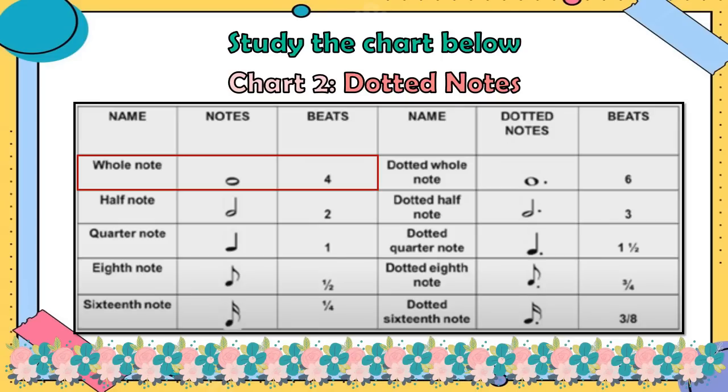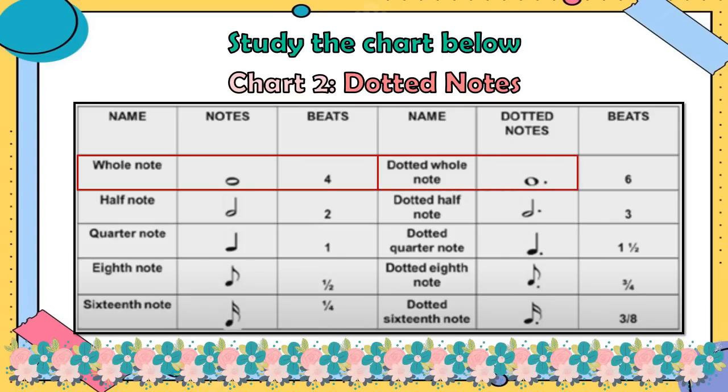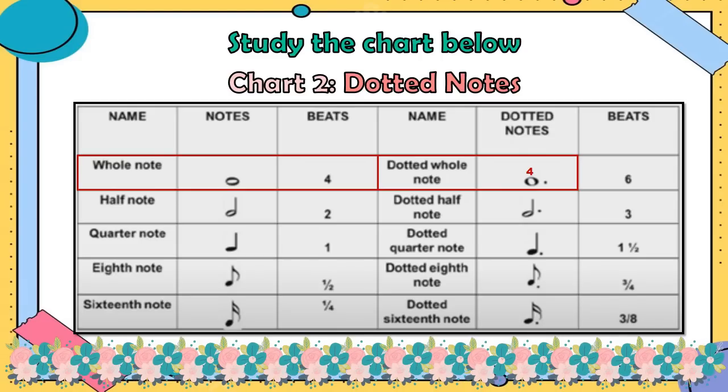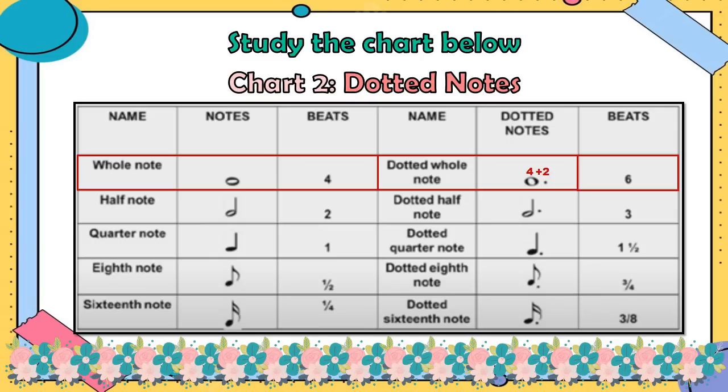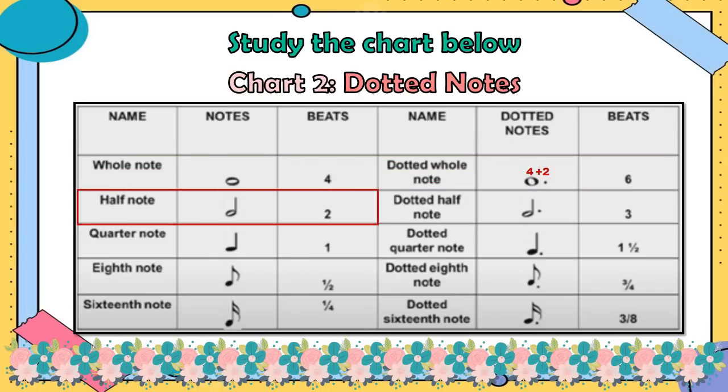Whole note has 4 beats. In dotted whole note, we will get half of the value of this whole note, which is 2. 4 plus 2 equals 6 beats. Next is half note, which has 2 beats. In dotted half note, the value of half note is 2.